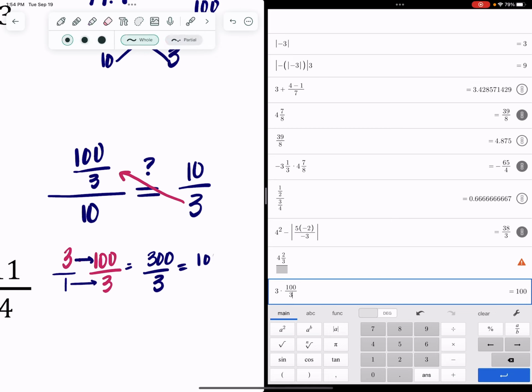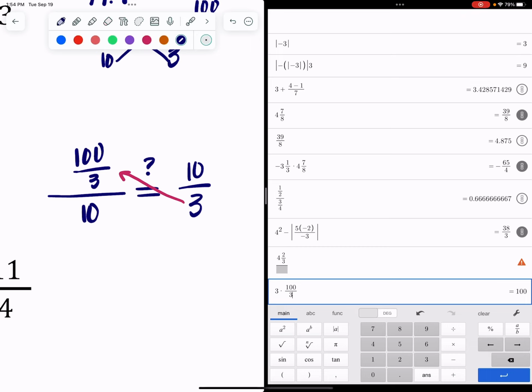So I am going to erase that little field trip. So we now know that 3 times 100 over 3 is just 100. When I multiply this direction, I get 100.